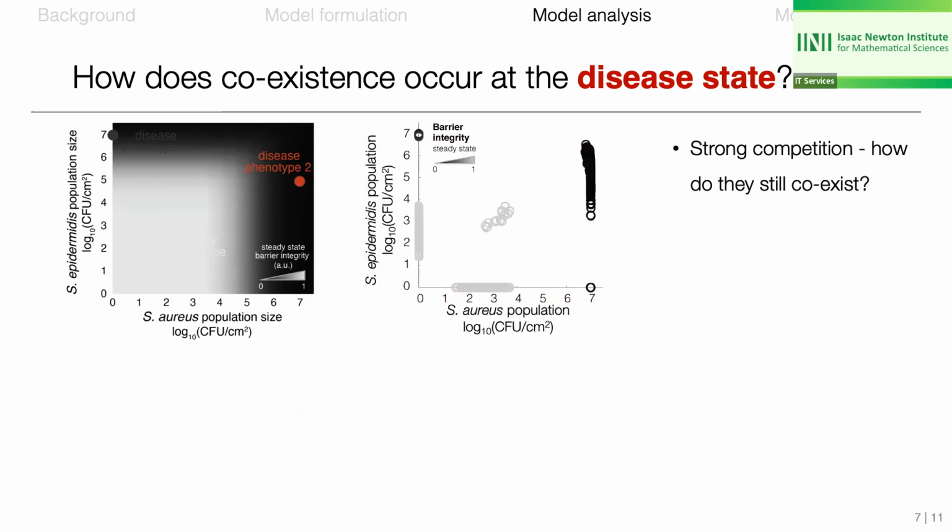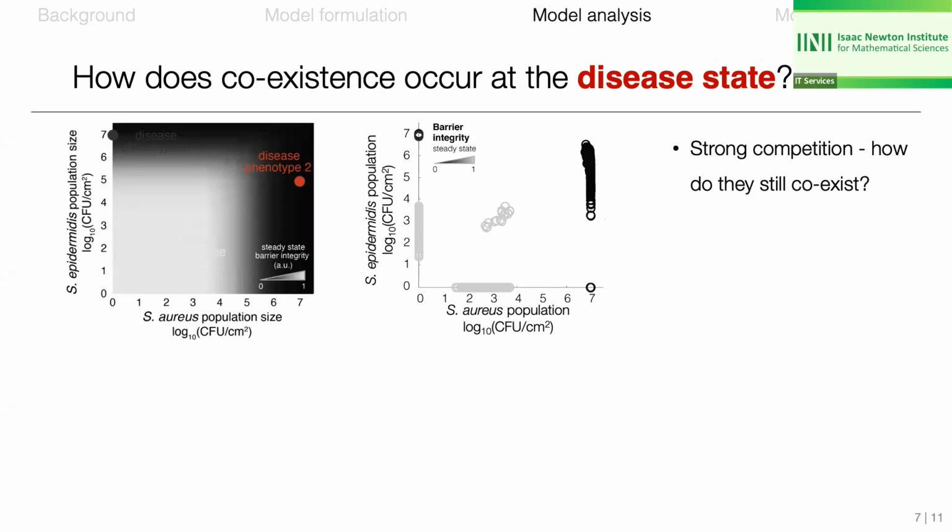This plot shows 1,000 example virtual patients where the parameter values are picked from specific distributions. We found that with all of these virtual patients, there was always a stable state in the healthy region and in this region here.